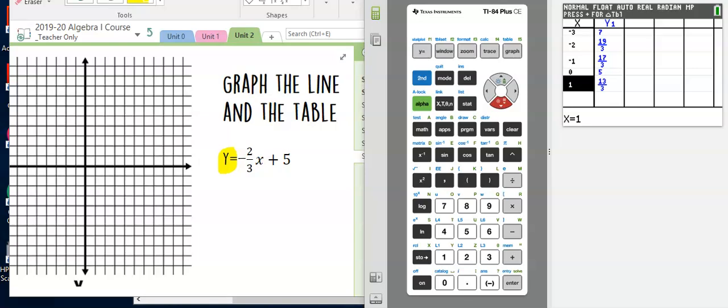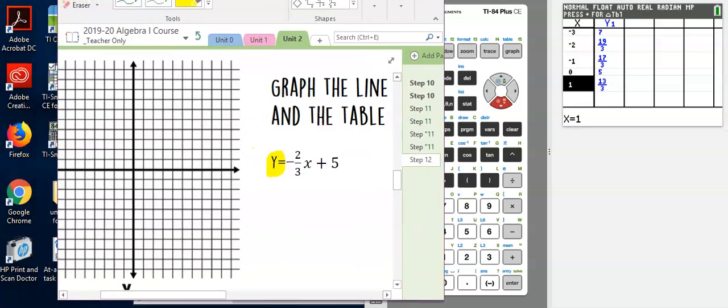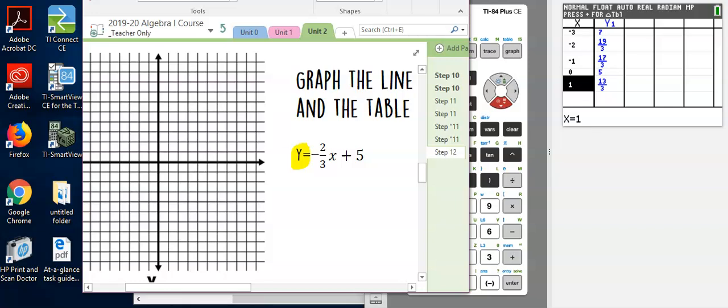And while you can plot fractions and decimals on a coordinate grid, it's much nicer to use what we like to call the integer coordinate points, the nice points, like 0, 5. 0, 5 is a very easy point to plot. So I'm going to go over to my graph. And I'm going to plot the point 0, 5, which means go left and right 0, and then up 5.